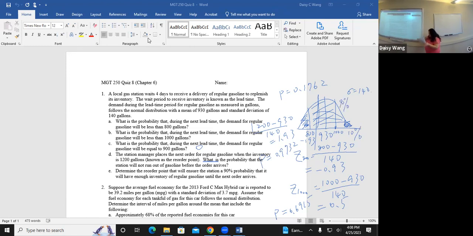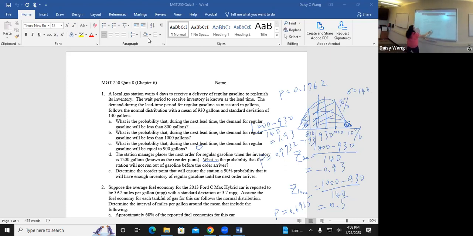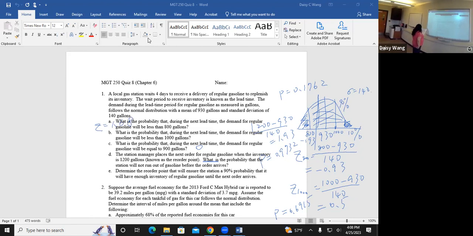When we want the 10% alpha, Z is 1.28, with one tail, 90%.